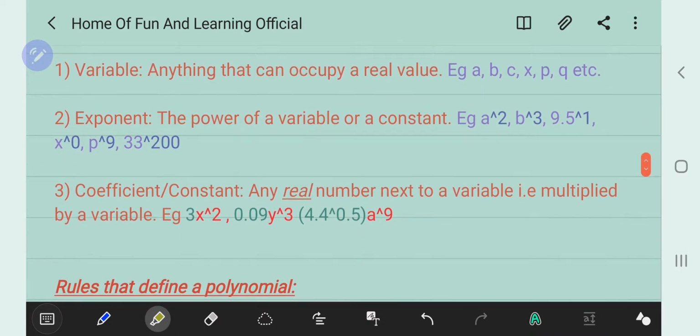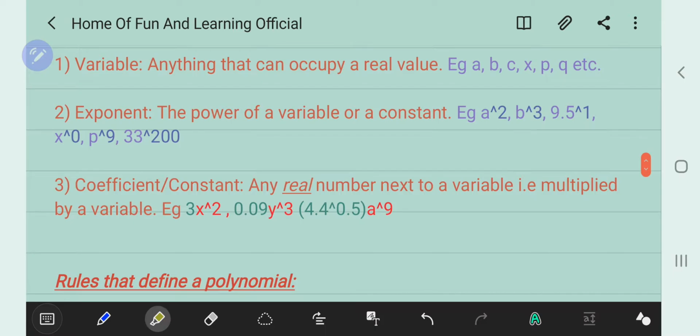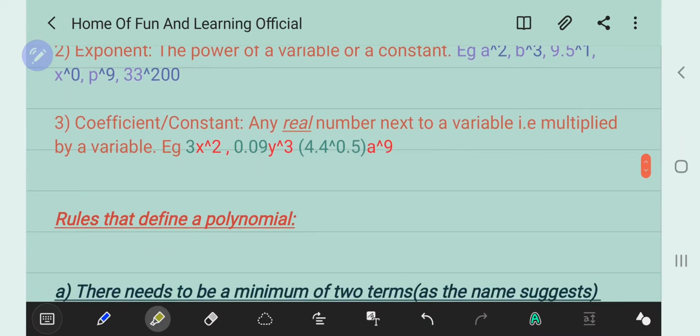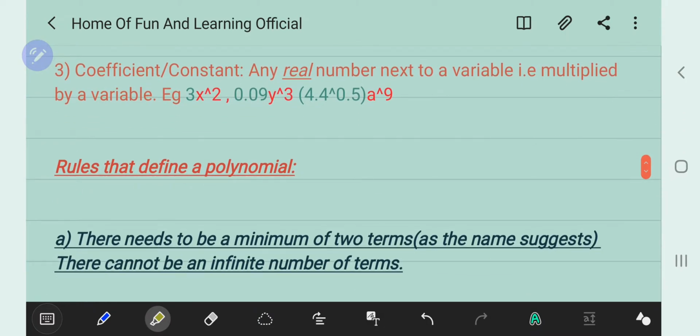Now let's move on to the rules that define a polynomial, that make us differentiate between a polynomial and a non-polynomial. So the first rule is that there needs to be a minimum of two terms, as the name suggests, right?